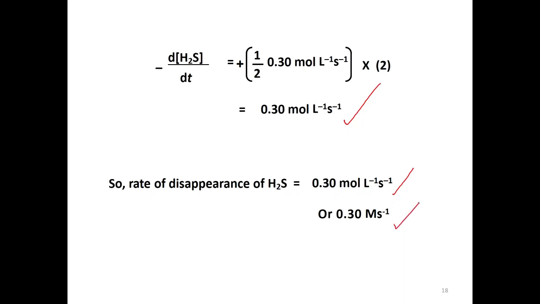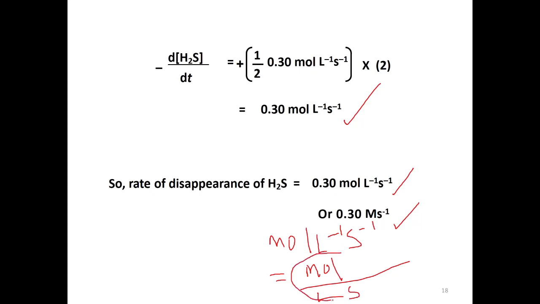Please be informed that the unit is mole per liter per second, which is mole L^-1 s^-1. This is your molar, the unit of molarity, M. So you get M/s.